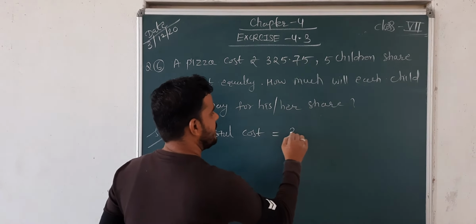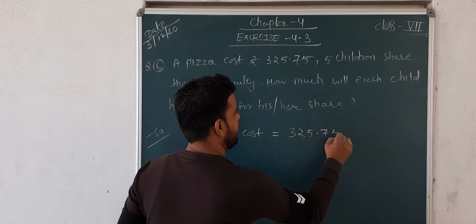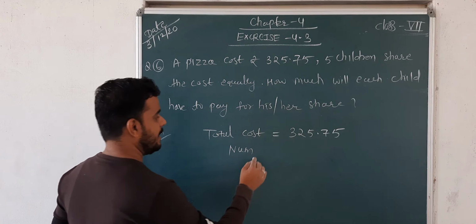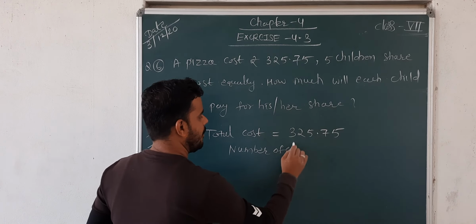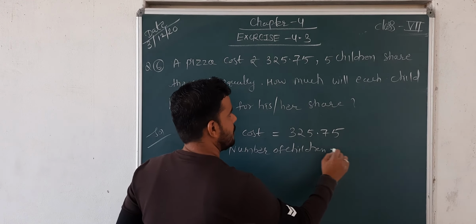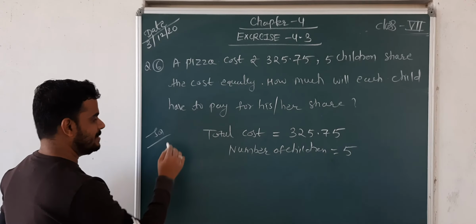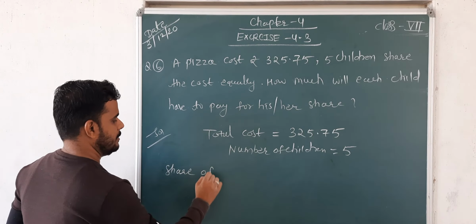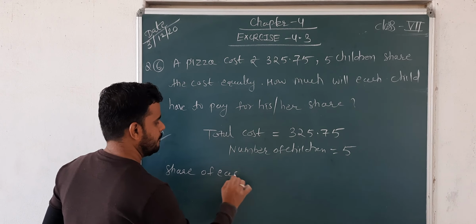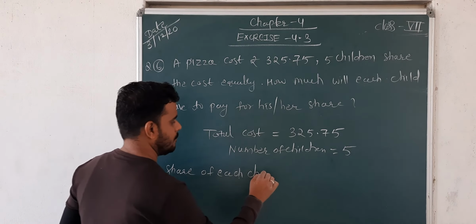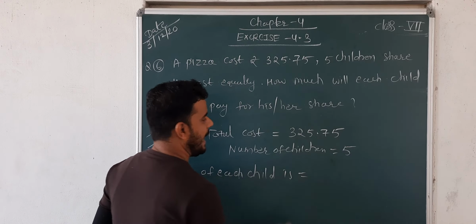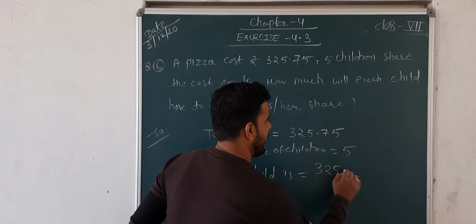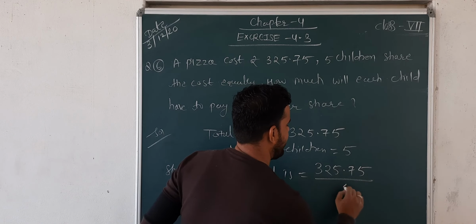total cost is 325.75 and the number of children is equal to 5. So the share of each child, as you know, each child means divide: 325.75 divided by 5.